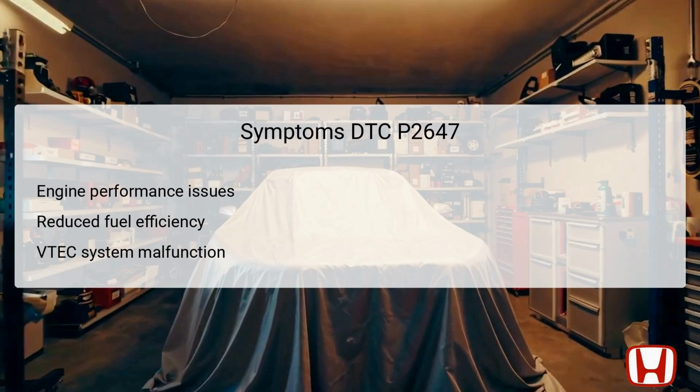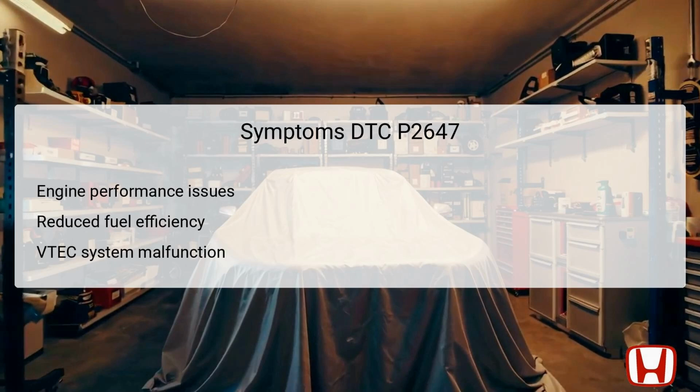The most noticeable symptom is the malfunction of the VTEC system itself, which might manifest as a lack of power or a noticeable lag during acceleration. Recognizing these symptoms early can help drivers seek timely diagnostics and repairs, preventing further damage to the engine and enhancing performance.